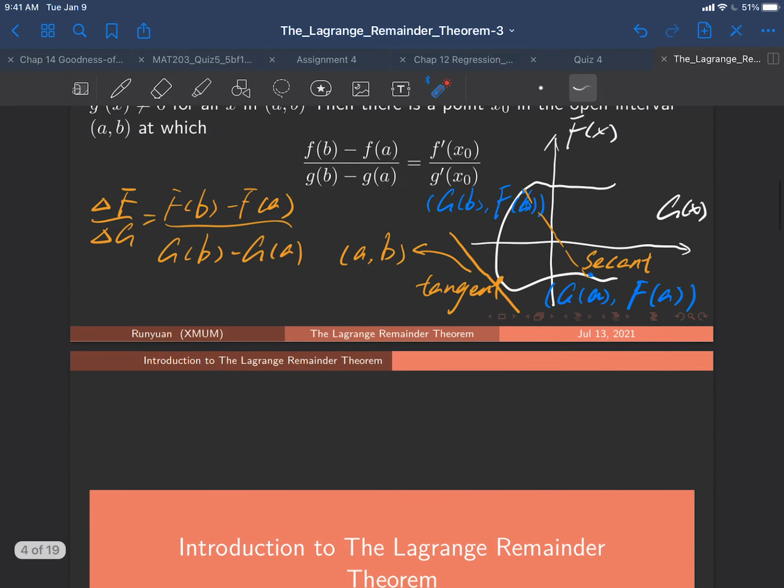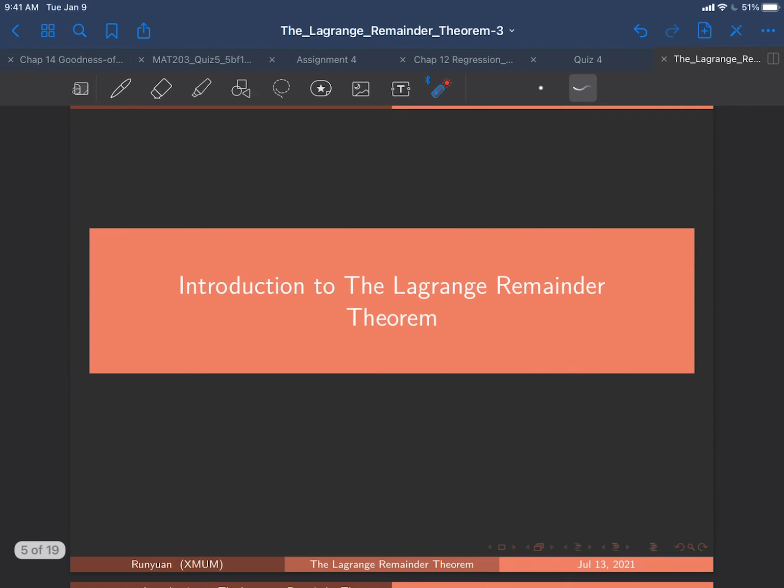Then let's go to the Lagrange Remainder Theorem.